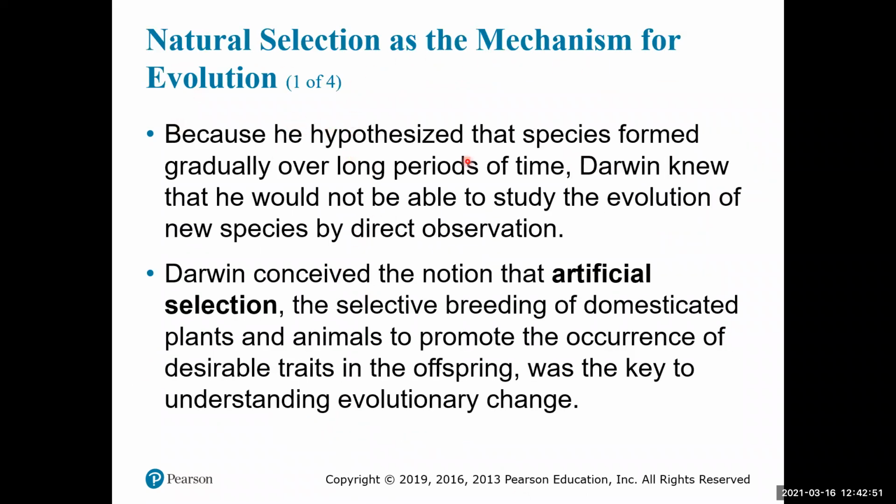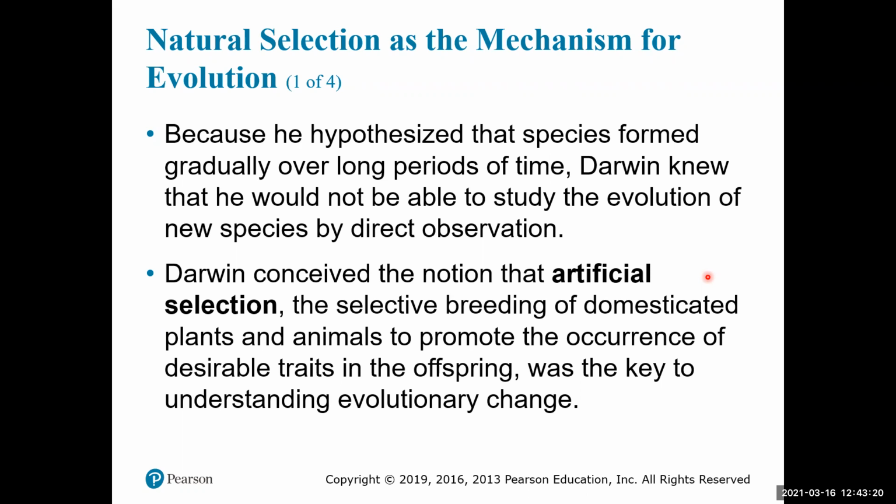And because Darwin hypothesized that species basically change over these long periods of time, he knew that he wouldn't be able to specifically study evolution through direct observations, because a lot of the organisms have long lifespans. It takes a long time to accumulate mutations and changes throughout generations, and so it would take hundreds to thousands of generations for us to see these changes.